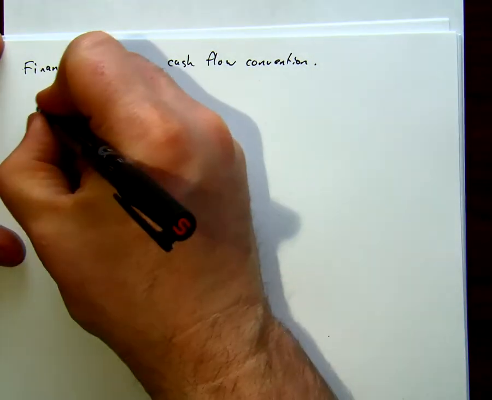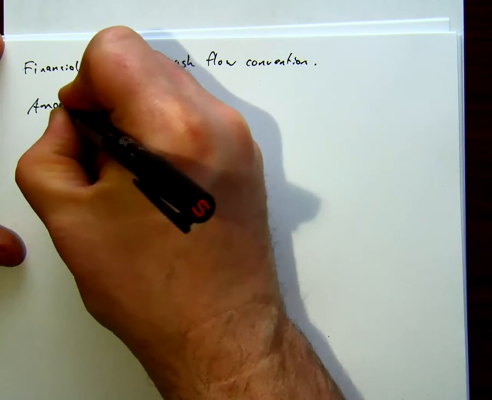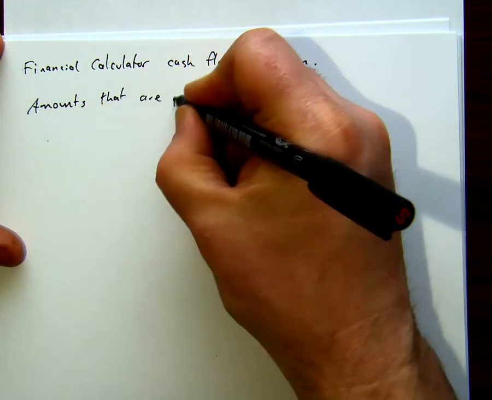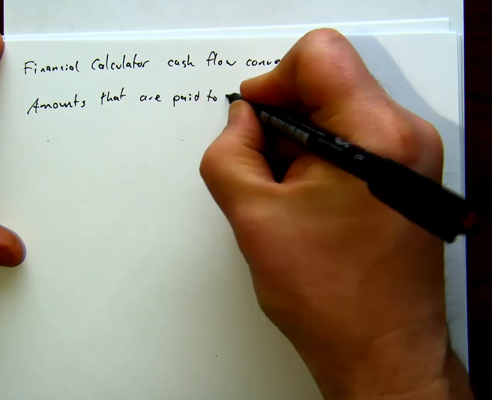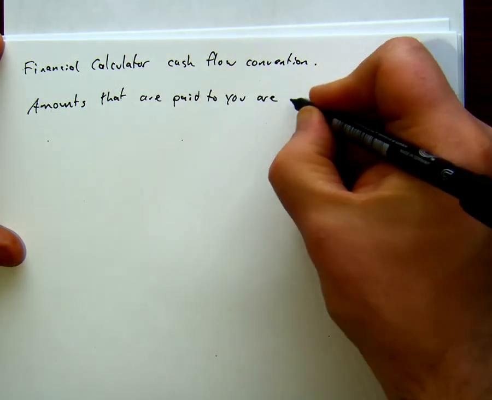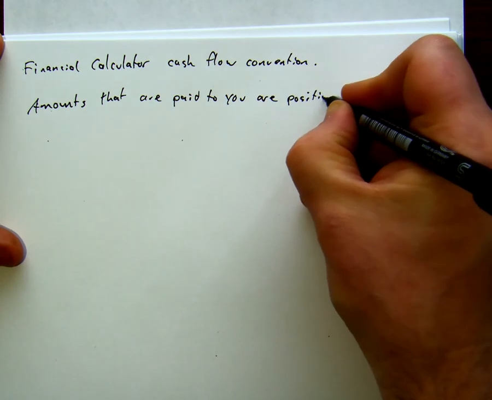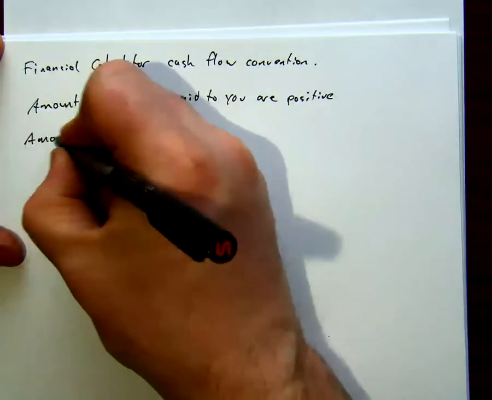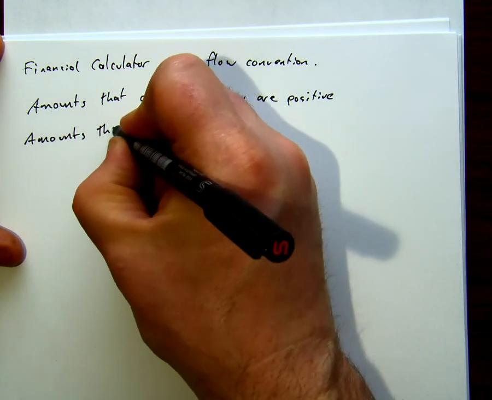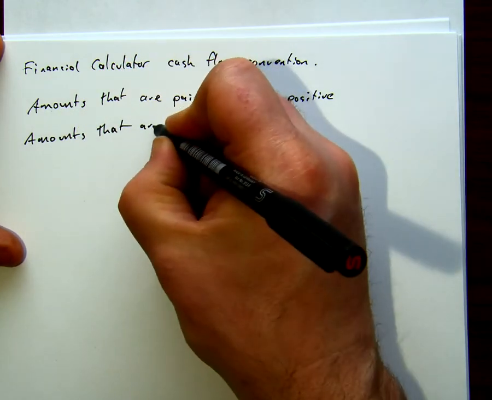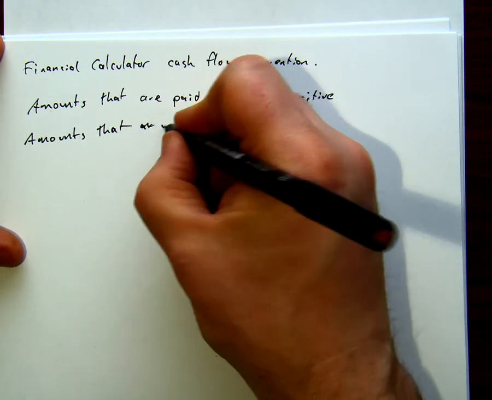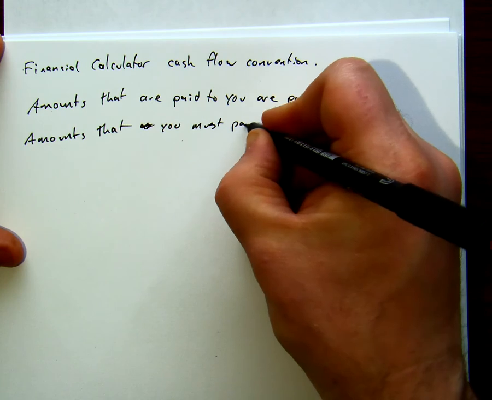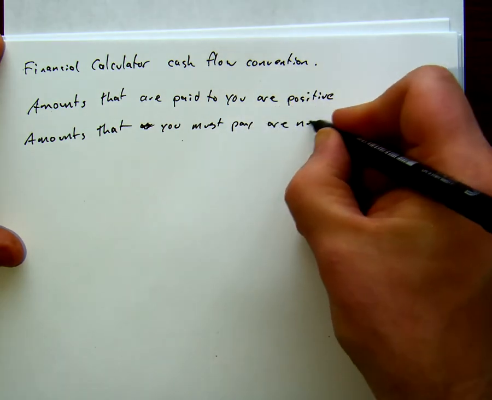And what this says is amounts that are paid to you are positive. It's an amount that you get. That's a positive amount. Amounts that you have to pay are negative.